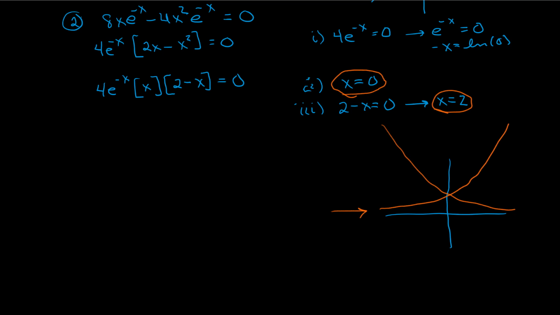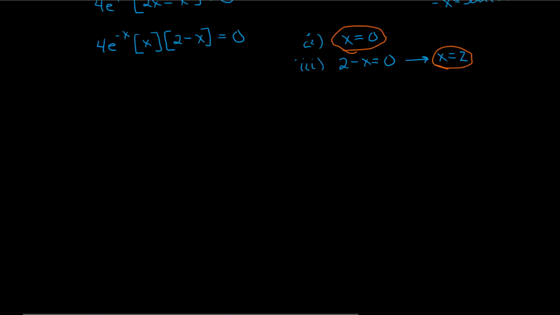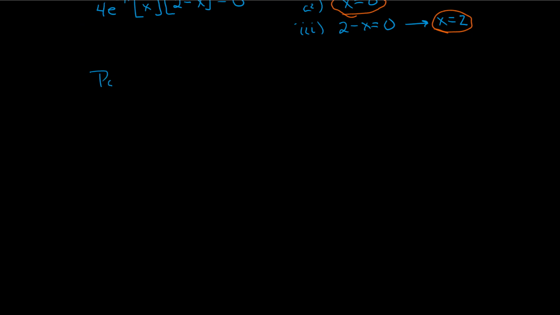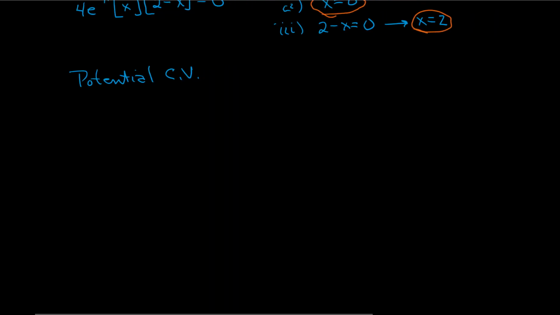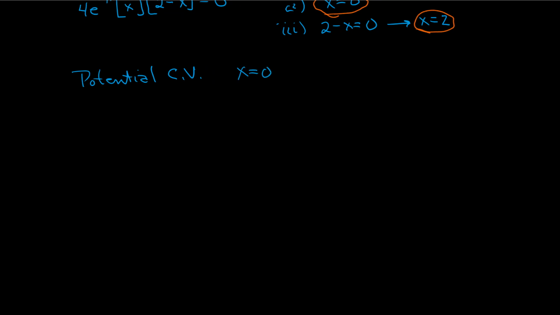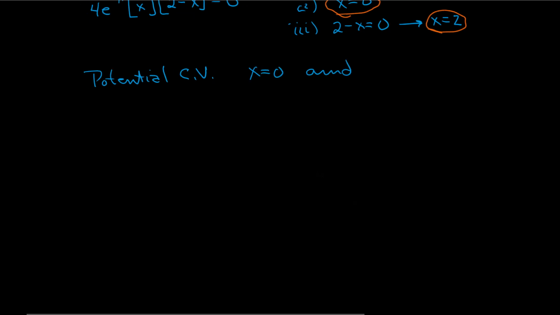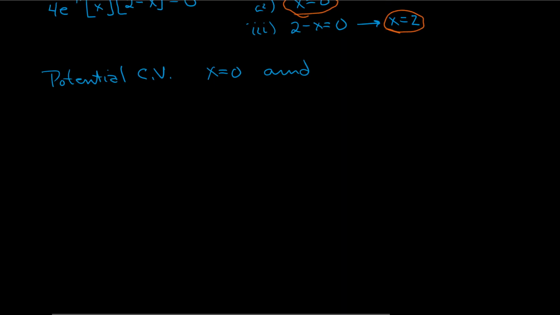So what winds up being the case here is this first of our 3 factors, the 4e to the negative x, is never 0. That leaves us, though, with 2 critical values. Our potential critical values, I'm going to abbreviate critical values as CV, are going to be at x equals 0 and x equals 2.